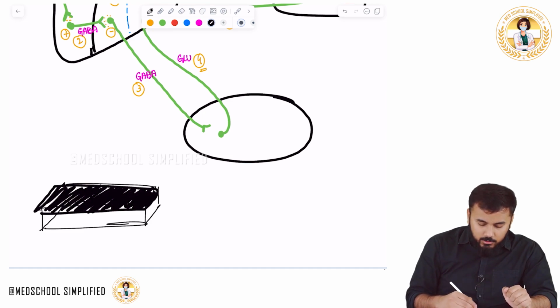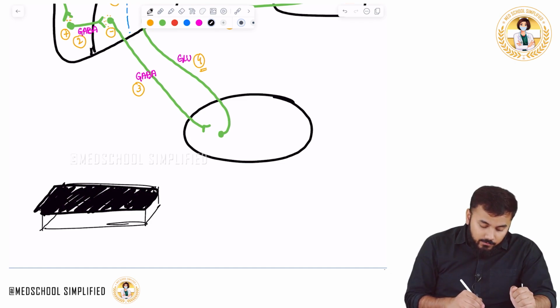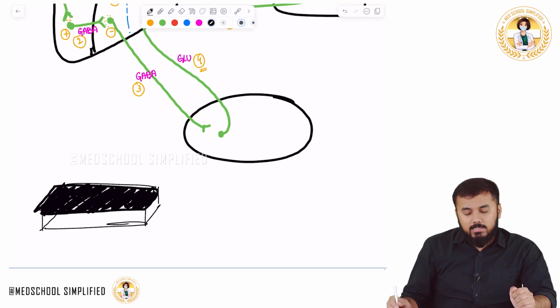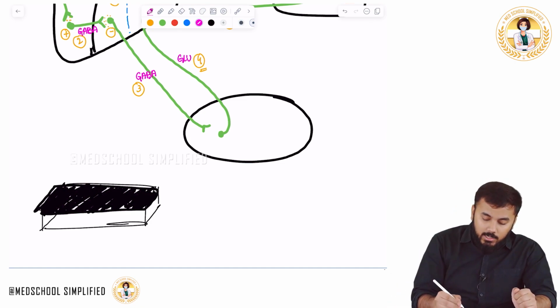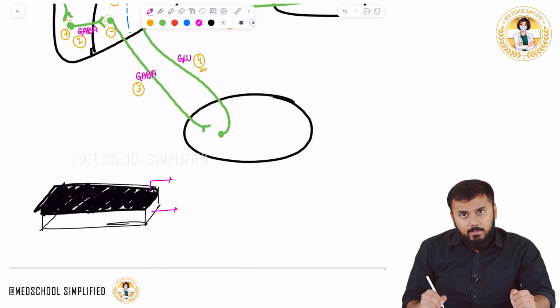So this substance over here is called the black substance. Okay. Now within the substantia nigra, the entire substance is not black. You can see here, this upper part is completely dark and the lower part is light, right?